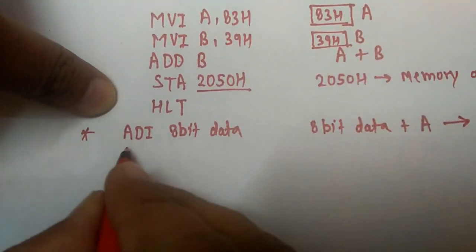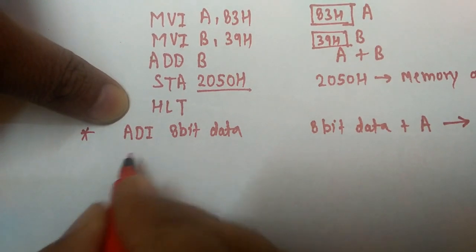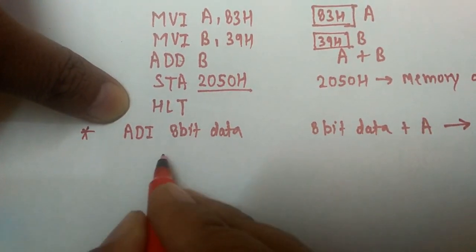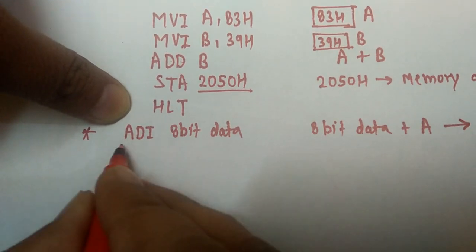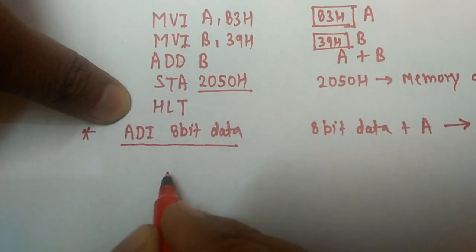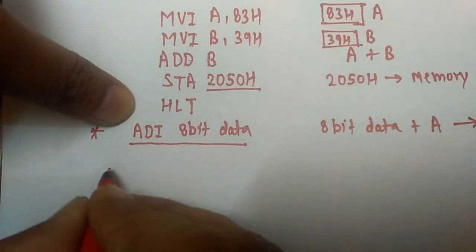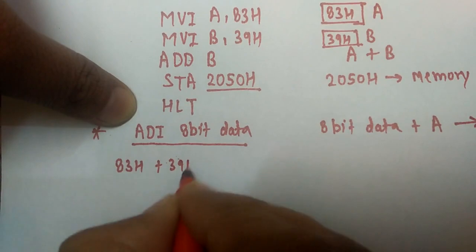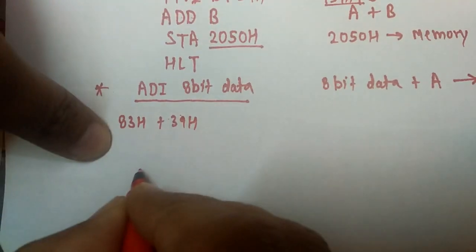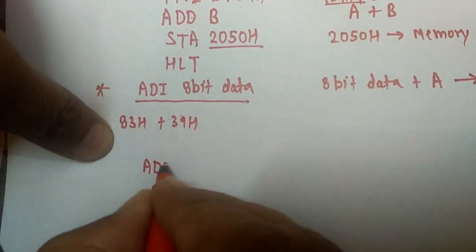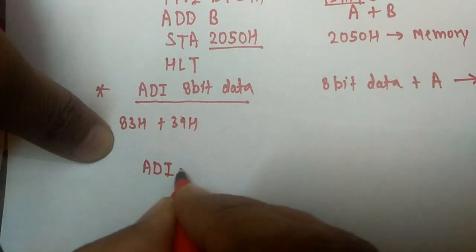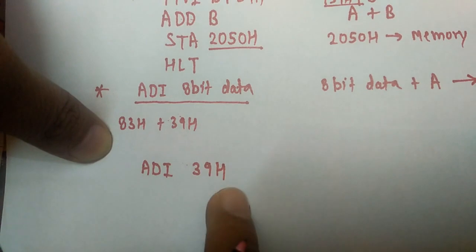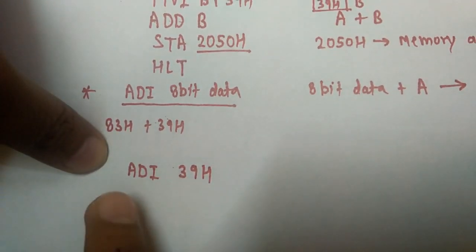So this instruction tells us that if you want to add any two numbers using this particular instruction, then one of the numbers must be present in the instruction itself. Like in our example, I want to add 83H and 39H. So you will have to write one of the numbers along with this instruction, here ADI 39H. So what will the microprocessor perform?